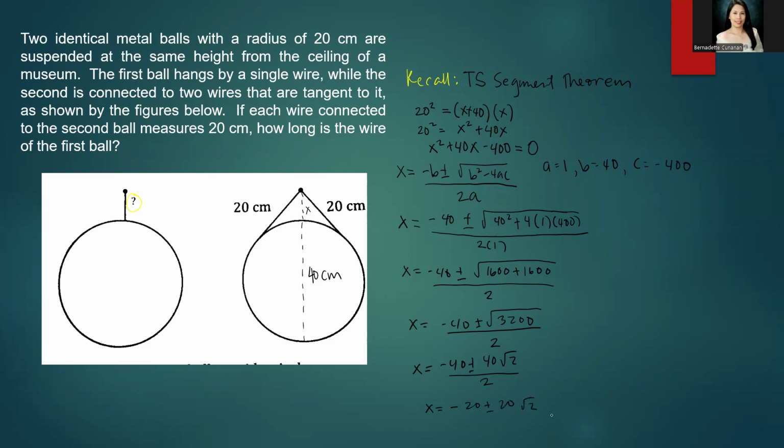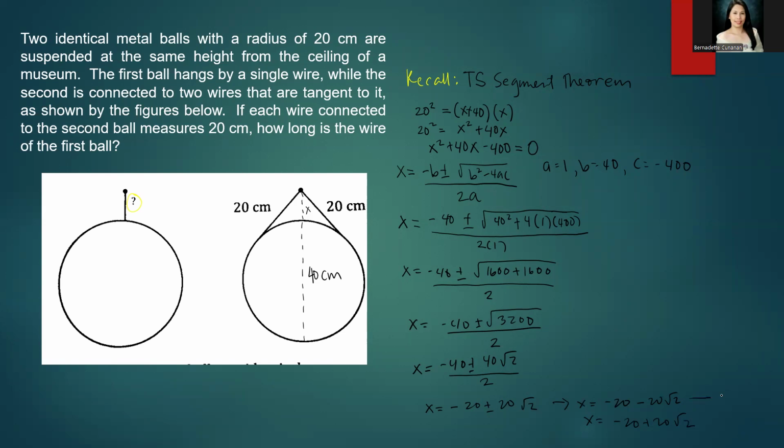Now, we do not consider a negative value since we're talking here of distance or length. So this will come up with x equals negative 20 minus 20 square root of 2, and then another value of x is negative 20 plus 20 square root of 2.